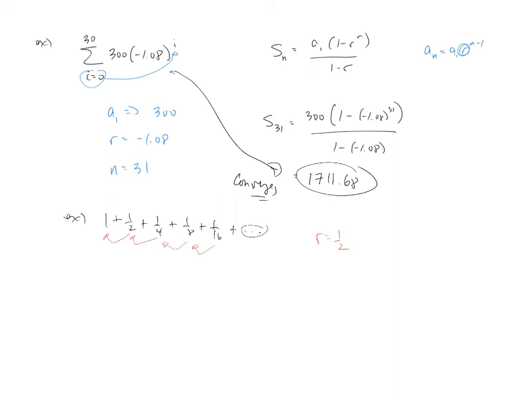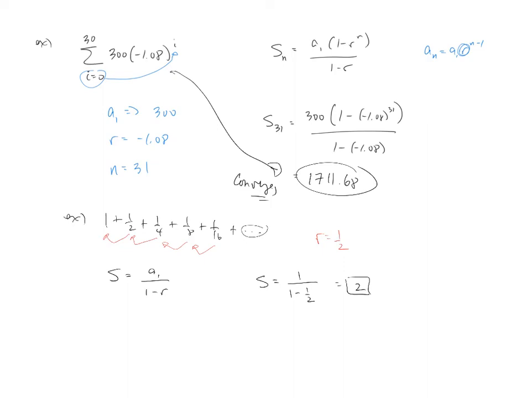So it's an infinite geometric series. The absolute value of the ratio is less than 1, which means that this converges. The formula that we came up with a moment ago was that. So the first term being 1, the ratio being 1/2, tells us that this thing converges, or sums up, to 2.